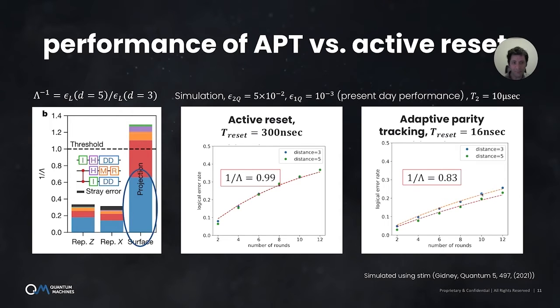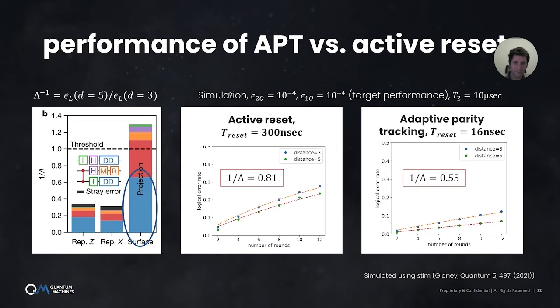But if we reduce the reset time to only the actual single qubit gate time, which we put to be 16 nanoseconds, we improve 1 over lambda from 0.99 to 0.83. And this is a really significant improvement that we get just by having the qubit spend less time idling during the reset. We can also check what happens when we reach 10 to the minus 4 gate errors. In this case, the idling error would be a more significant fraction of the error. That's what we expect, and we actually see that this is really the case.